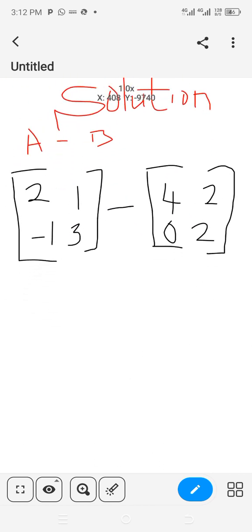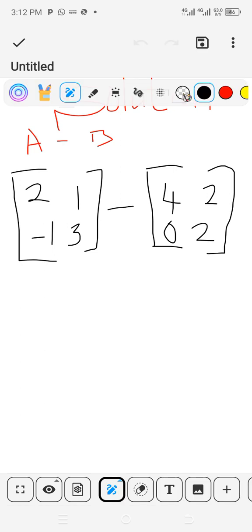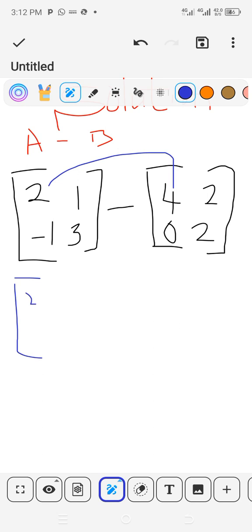And how do we do this? Just as we did when dealing with addition of matrices, the steps are similar here. We are going to take the first number of matrix A and subtract the first number of matrix B from it. That is, we'll have 2 minus 4.